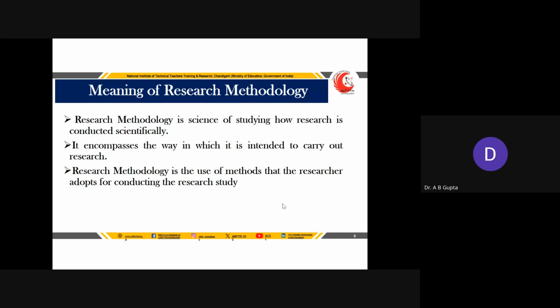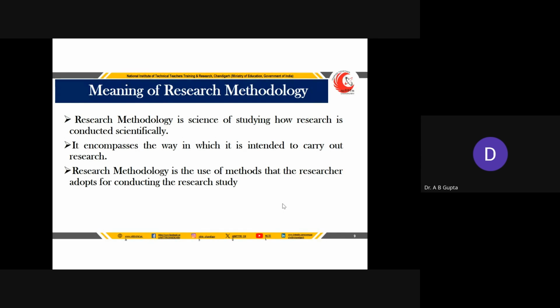Okay. Another term: because the title of this course is research methodology, we must have clarity as to what we mean by research methodology. I hope you are now clear about the meaning of research, but what is research methodology?